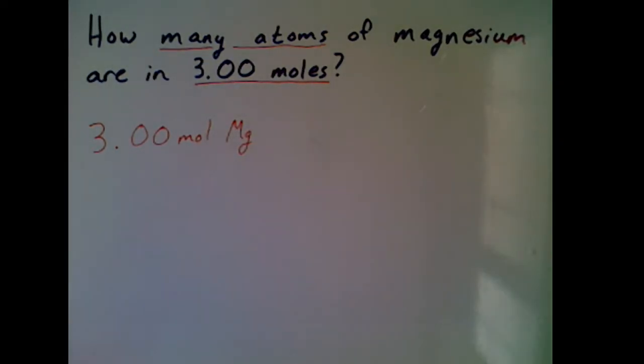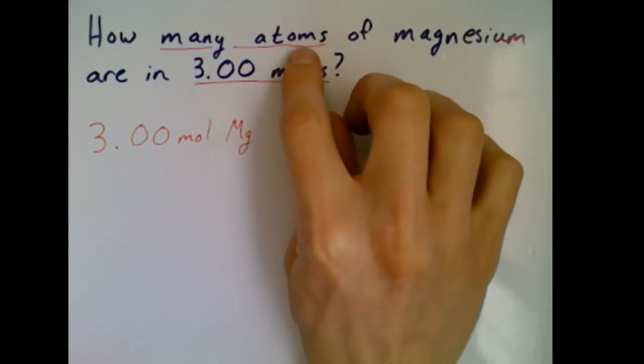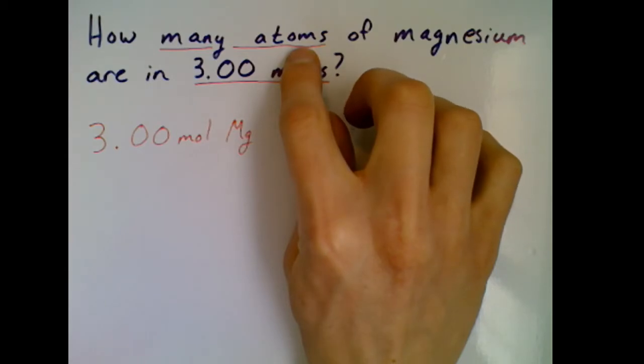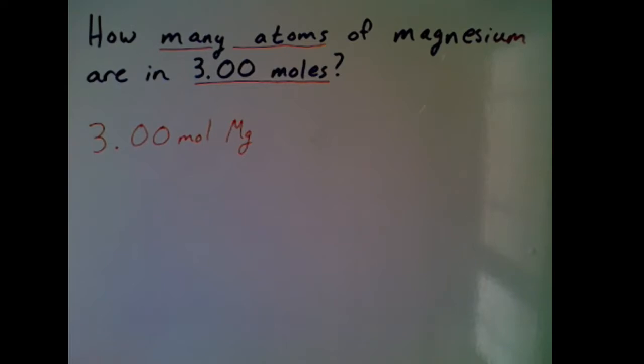Now, before, what I would have had you do at this point is use your molar mass. But we need a different ratio because we're dealing with a different calculation. We're going from moles into atoms. And so we need to figure out a different method that we can use here.